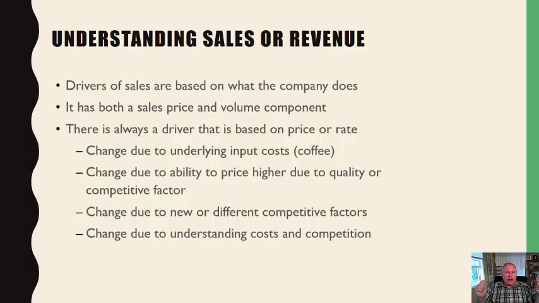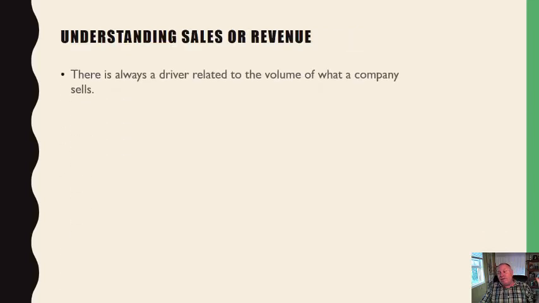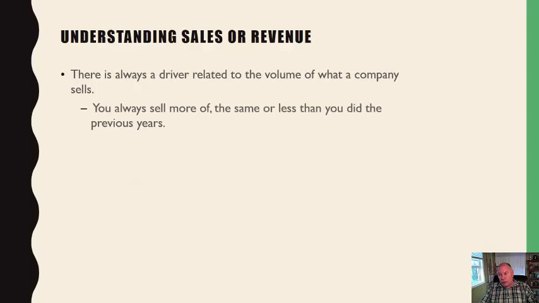So in the case of Geneseo Coffee Company, we clearly know that if revenue is going to change, it's changing because of a price change in what we have sold or a change in the volume of what we've sold. You can either sell more, the same, or less than you did in previous years.